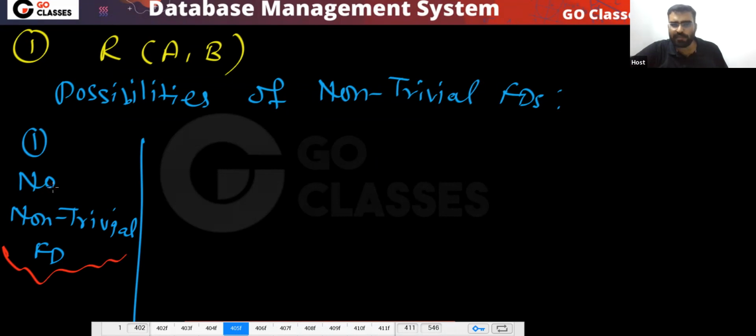If there is no non-trivial FD, in this situation, what will be the candidate key? That will be AB. So if you have no non-trivial FD, there is no problem. Correct?